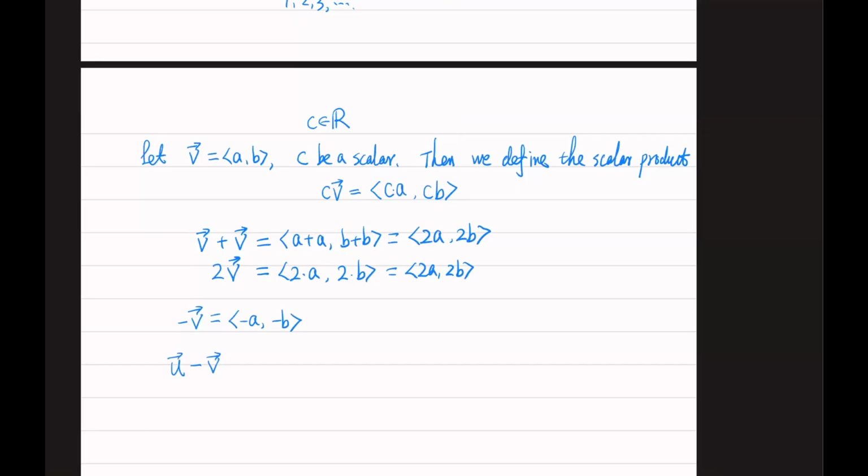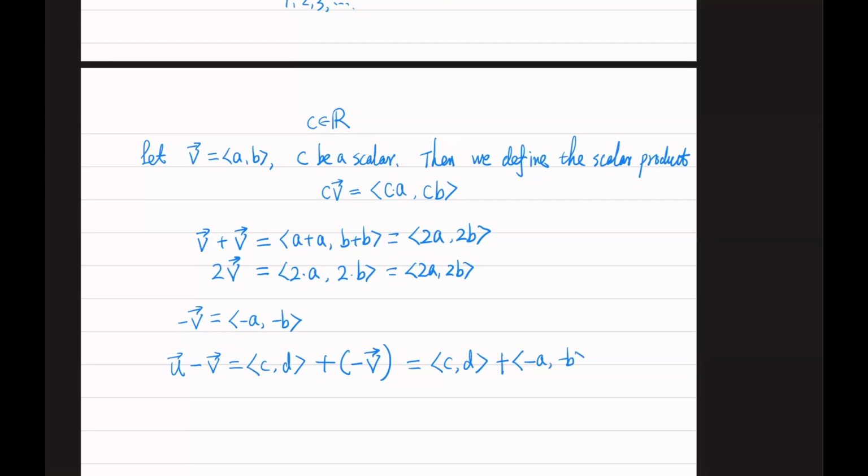It's u plus negative v. Why can't we use u minus v? Well, right now it's u plus negative v.